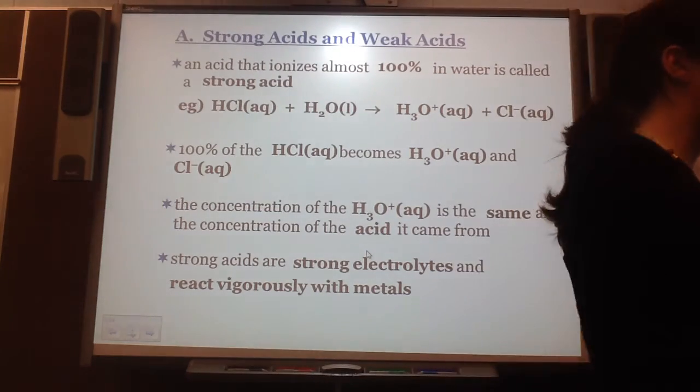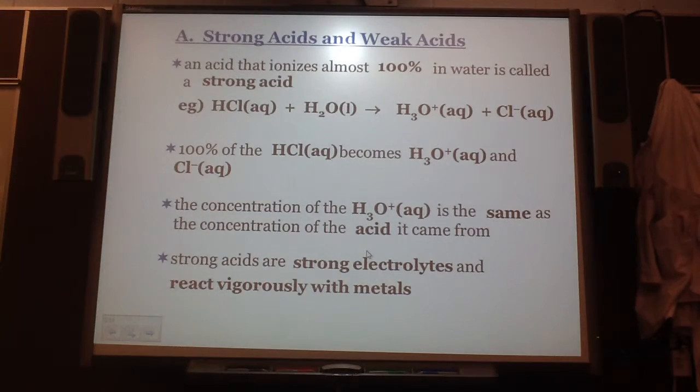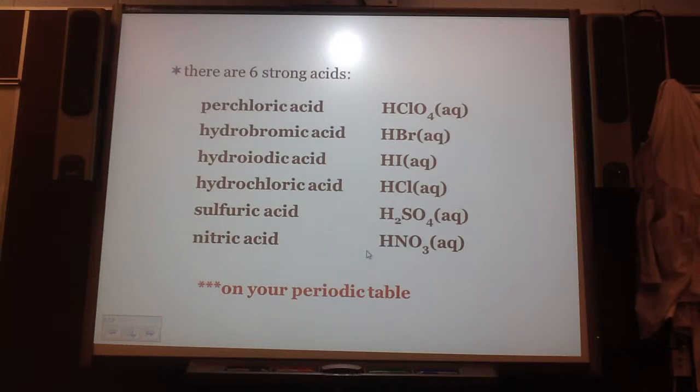If on a test you have to know something about strong acids, you just look in here and you can see them. Why memorize something if you just have access to it, right? So these are your 6 strong acids. As I said, they are in your data booklet.